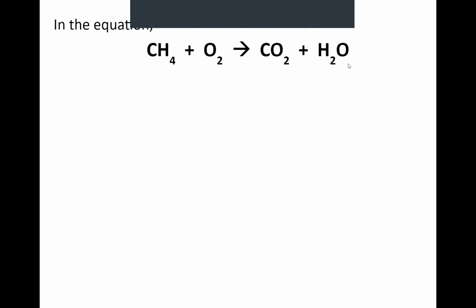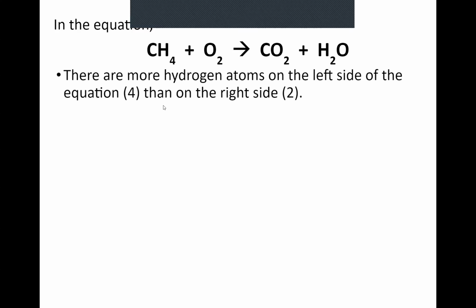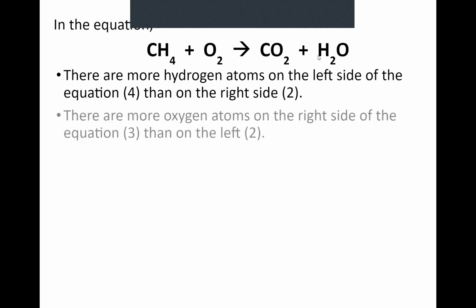If we do an accounting of the atoms of each type in this equation as it's written right now, you'll notice that there are more hydrogen atoms on the left side of the equation. You see the 4 hydrogens within CH4. Then on the right side, there's 2 atoms of hydrogen. So that's out of balance.